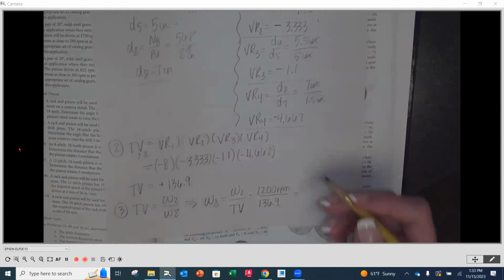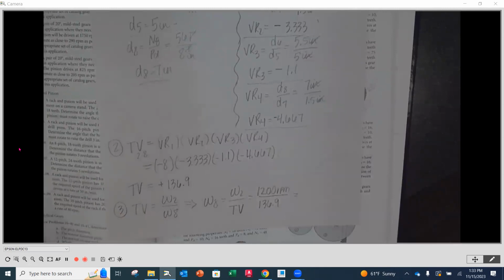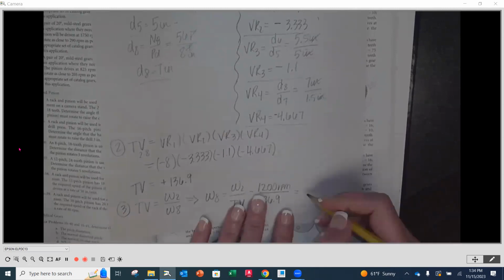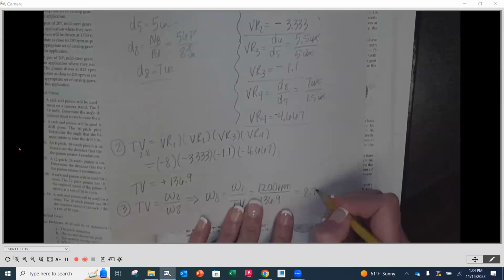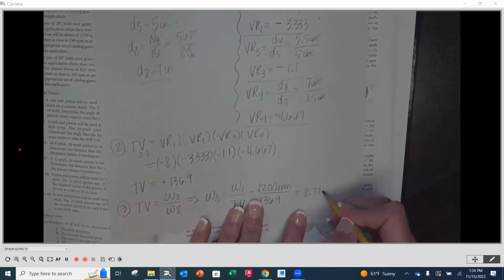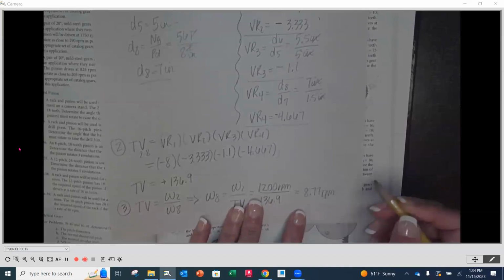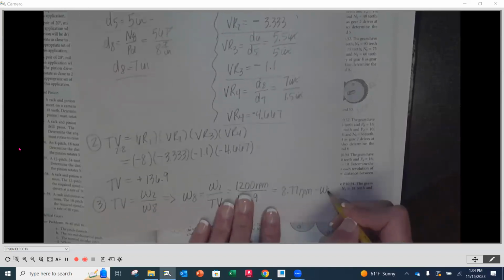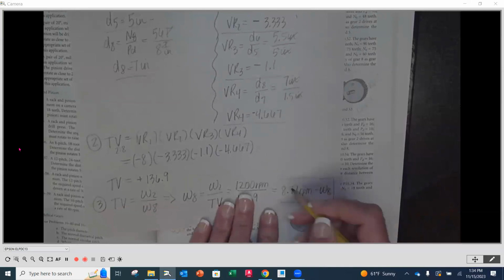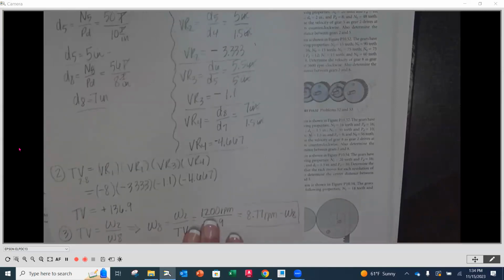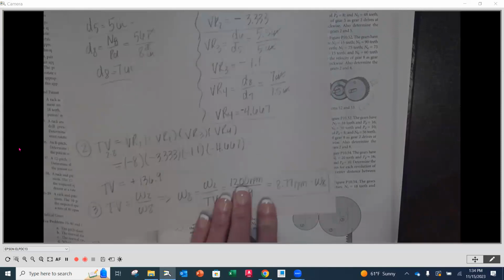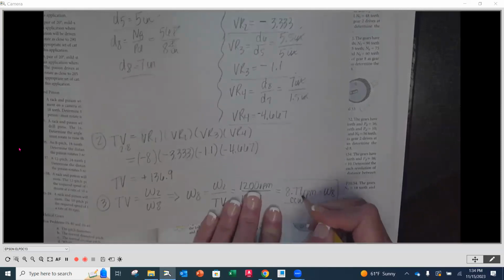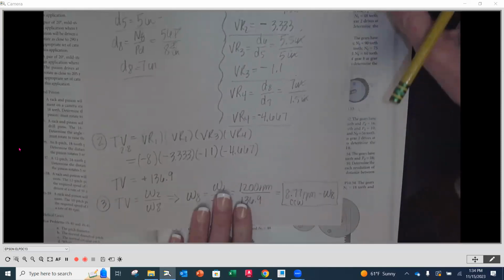So what is that number? 8.77. Units. RPMs, exactly. And that's going to be equal to your W8. So make sure that you add that. And then also add counterclockwise, because we need to know that direction as well, because it's going in the same direction as W2.